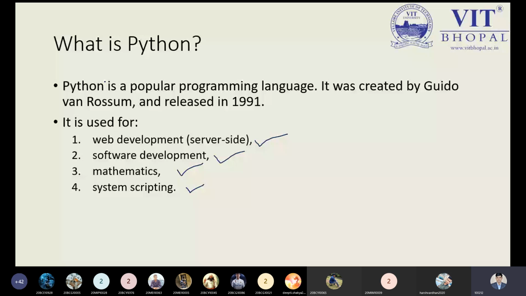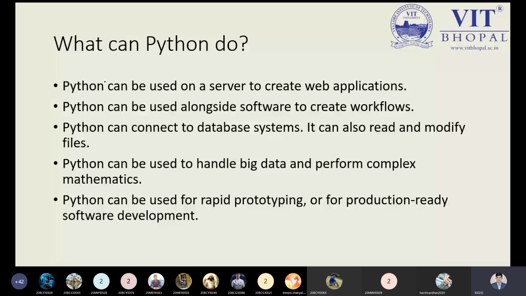So what can Python do? If we were talking about the Python animal, it would eat you without any problem. But now we are talking about the Python programming language. Python can be used on a server to create web applications. When we talk about web applications, there is one server, and this server machine provides services to its various client machines.